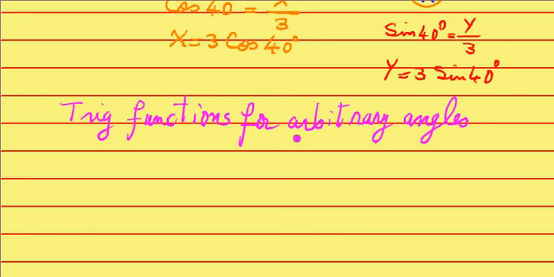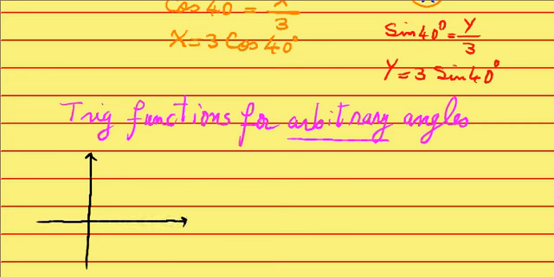So arbitrary angle means an angle could be in the second quadrant or third or fourth, or negative angle. What would we do in those cases? Well, there's a convenient way of moving into the general case. First, we start with a coordinate system.